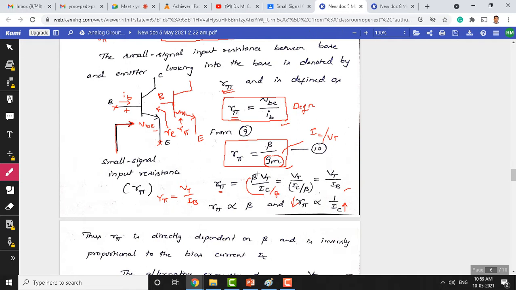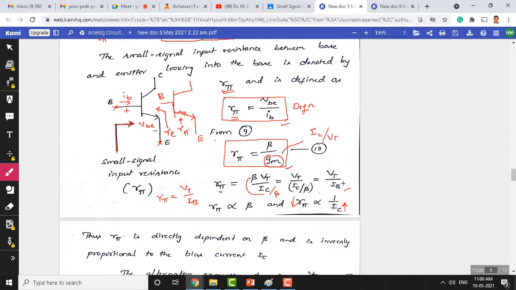Later, we got other equivalent formulas for R pi, which is beta by GM. This shows how the input resistance is related to the transconductance of the BJT. We have another expression for R pi in terms of thermal voltage, which is VT by IB, where IB is the DC base current.